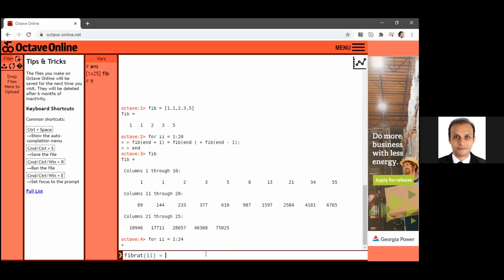So let's say Fibonacci i. This is our last Fibonacci number, and we divide it with the one which precedes it. Everything's correct, right? I believe it is correct.